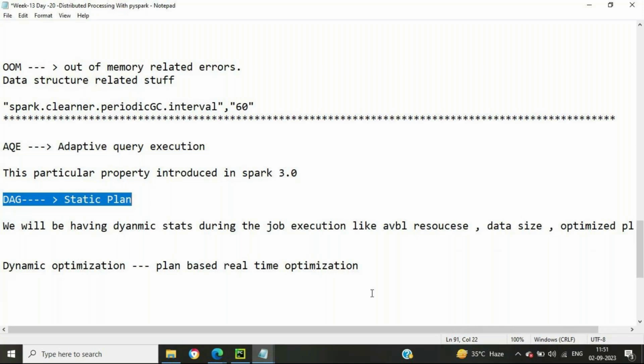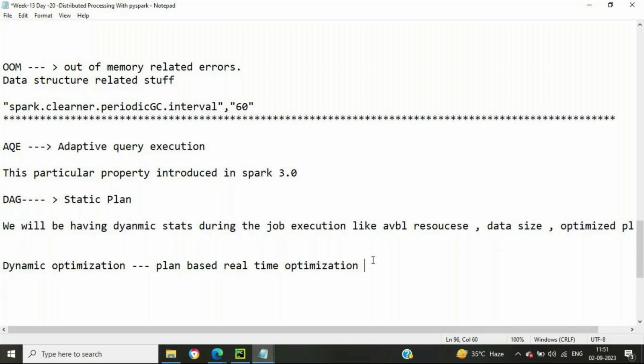A static plan was such that before the execution a plan is prepared, and then there is nothing in order to mold that plan based upon the available resources and data size. What we have seen is the repartitioning concept.